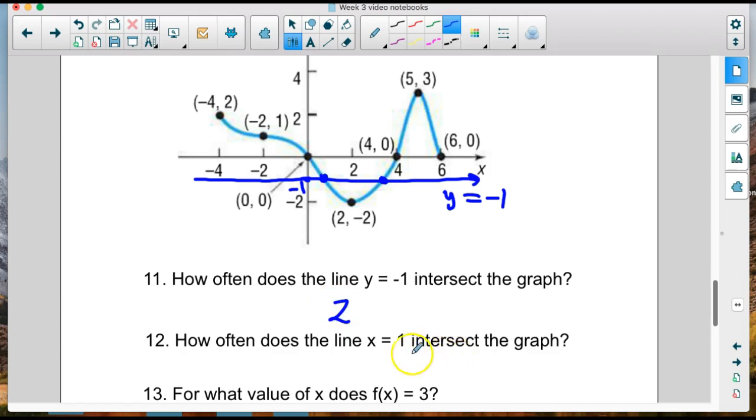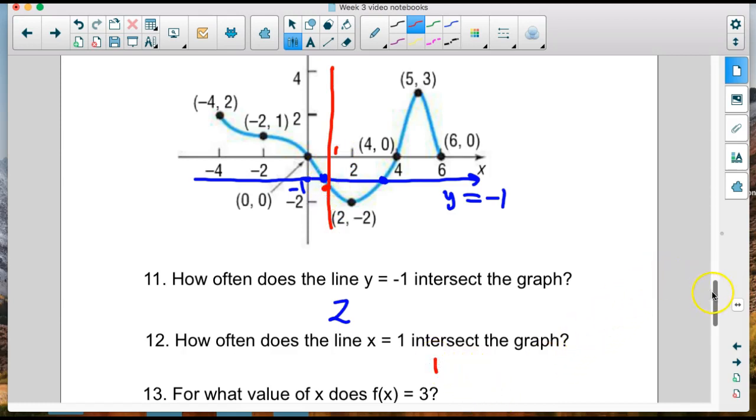And we would do the same thing when it crossed x equals 1. That would be a vertical line through 1, and it crosses once there.